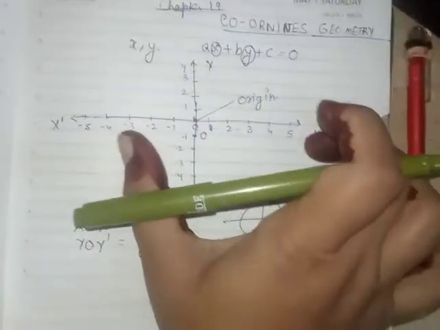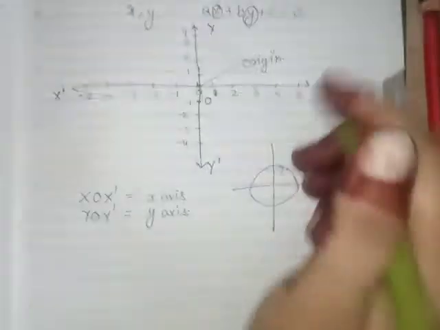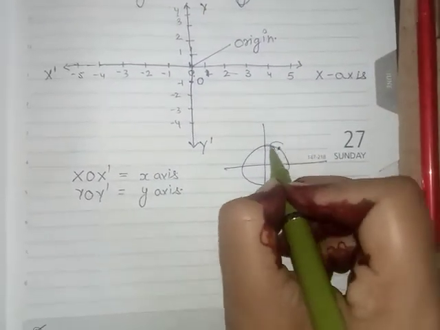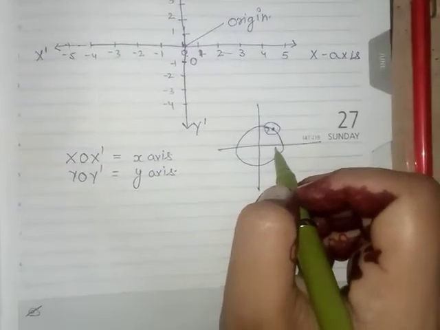Now it is about the axes. Now I come to the point when I was talking about this point. If I need to define this point, how would I decide?